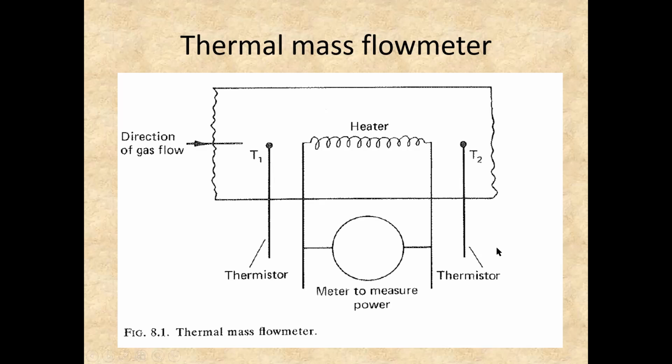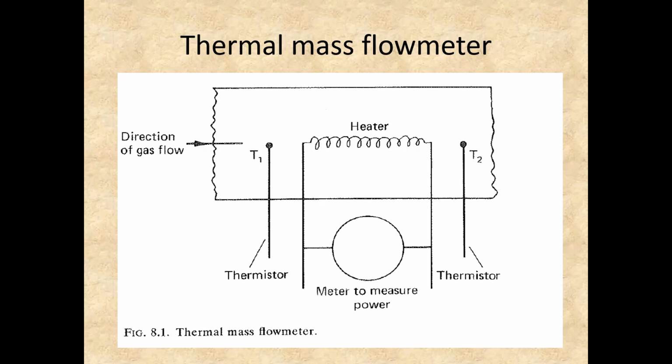Now these thermistors can be inside or outside the pipe, and you measure the temperature difference across this heating device placed in the path of the gas flow, because as the gas flows and absorbs the heat, there would be a temperature difference which the temperature probes will measure. And as I said, how much heat would be absorbed by the gas depends on the flow rate. You can calculate the flow rate. These are very accurate instruments giving you an accuracy of plus or minus 1%.